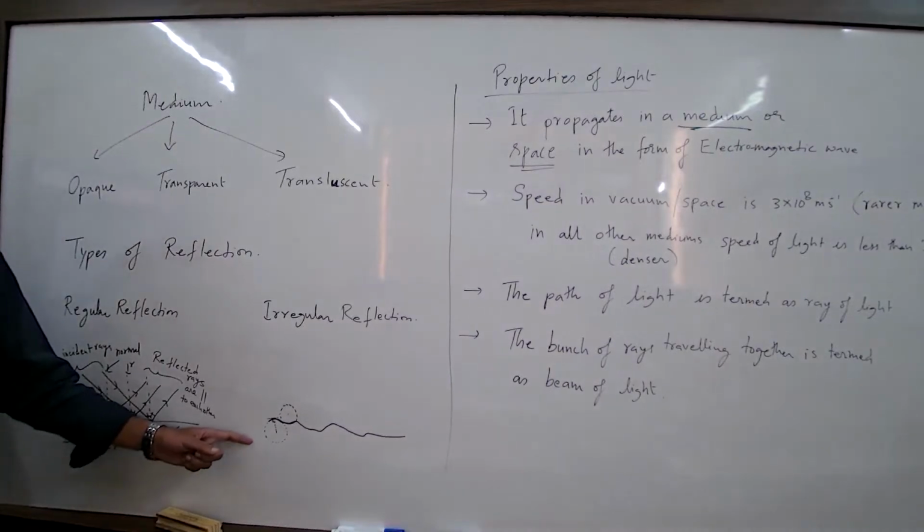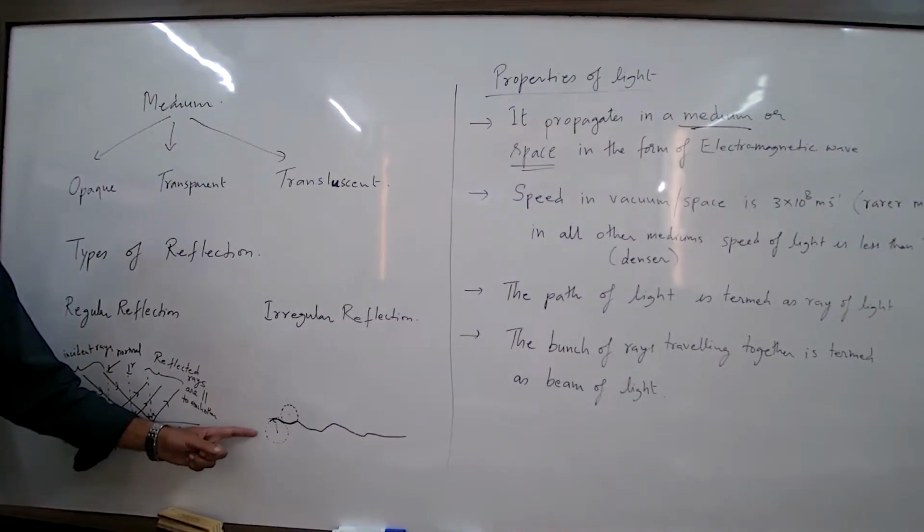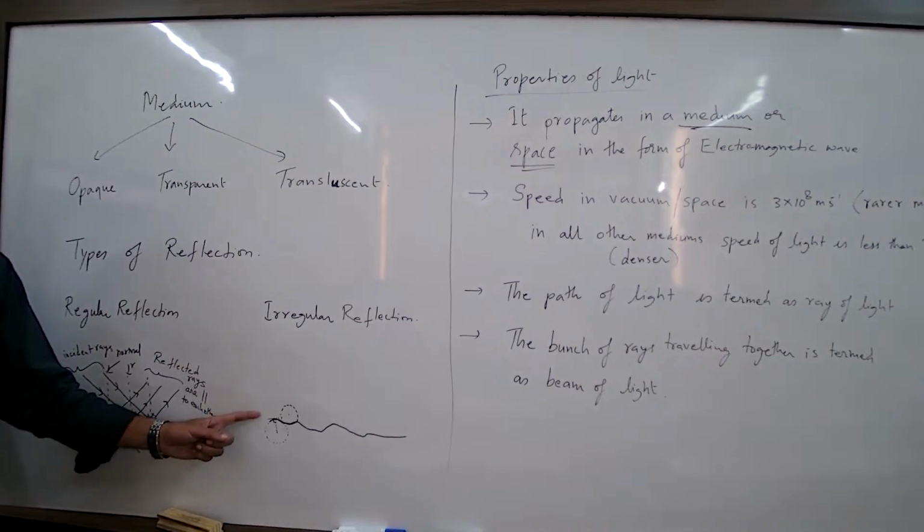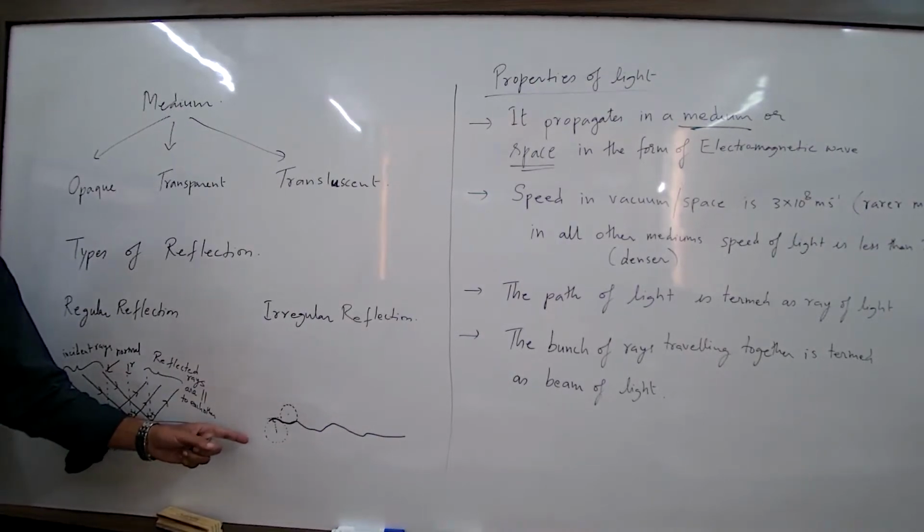Have you studied about it? In 10th you must have studied that. Have you studied about the tangent and radius property of a circle? Not yet? So it will be introduced. You are in 10th now. Okay. You will be studying about it.